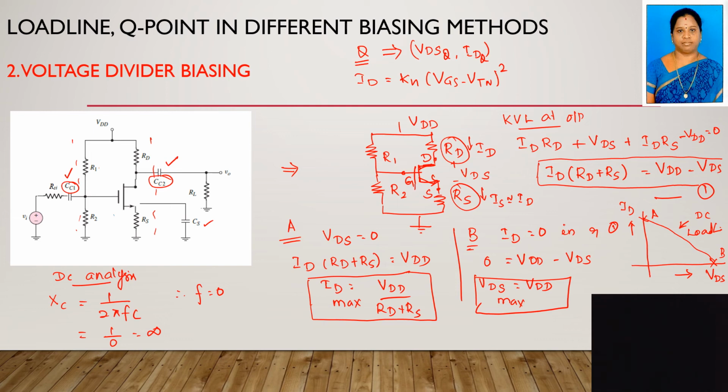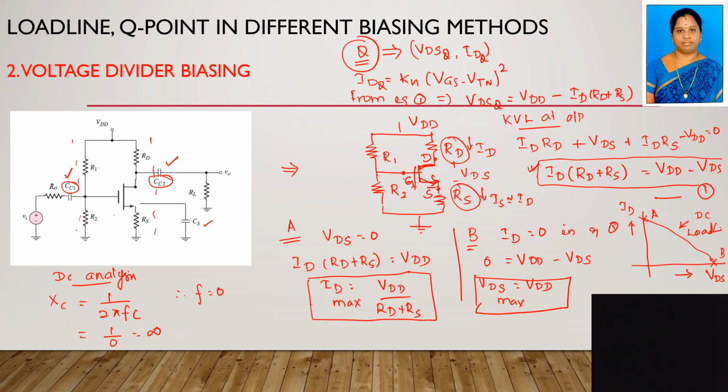After finding ID, which is IDQ, you use equation 1 to find VDSQ. VDSQ equals VDD minus ID into RD plus RS. So you can find the Q point.